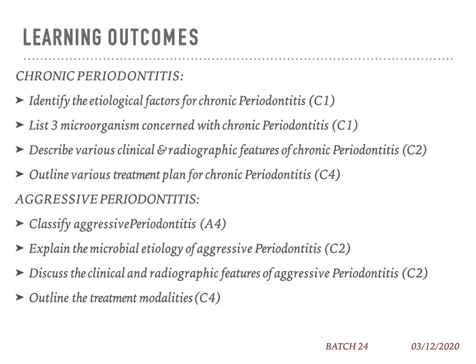When it comes to aggressive periodontitis, classify aggressive periodontitis, explain the microbial etiology of aggressive periodontitis, and describe the clinical and radiographic features of aggressive periodontitis, and outline the treatment for aggressive periodontitis.